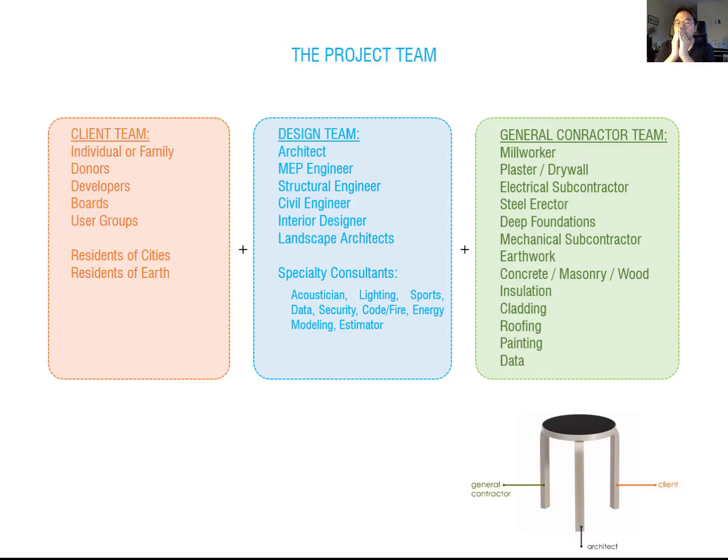For example, the general contractor hires a window subcontractor, who only makes the windows, and then hires a door subcontractor, who only makes the doors. After they finish, they send it to the general contractor, and the general contractor combines everything together to make the project. So you have to remember these three parts: we are the design team, and we work with the client and the general contractor.